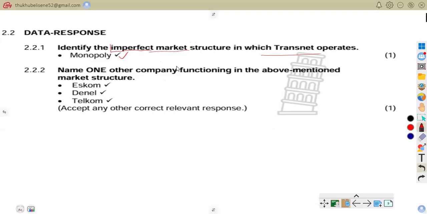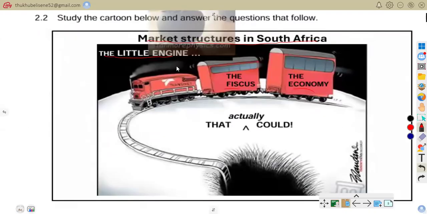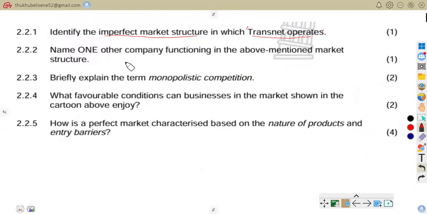Let us move on to another question. It says, name another company functioning in the above-mentioned imperfect market structure. We can talk of Eskom.